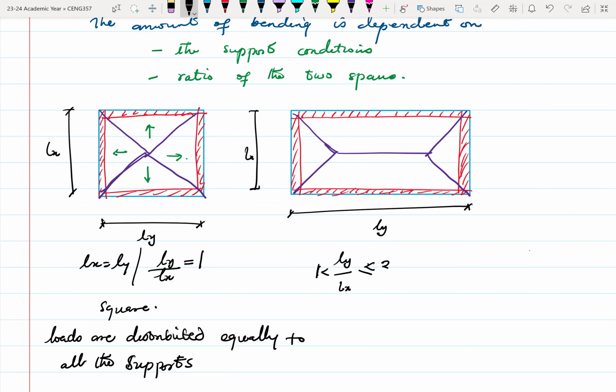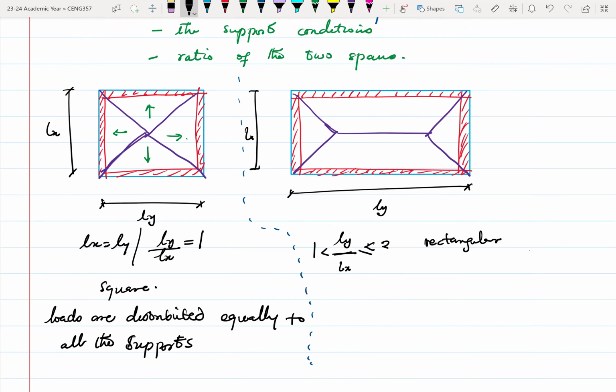So let me put that into writing. So this is rectangular in shape.